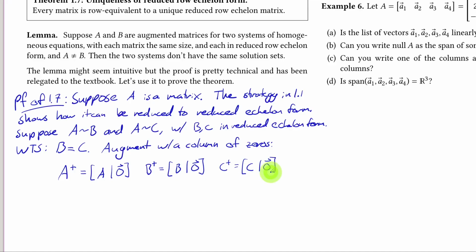Same thing with B plus and C plus. Now, these are augmented matrices for homogeneous equations, like the lemma is talking about. And they're all row equivalent to each other, because whatever row operations you did reducing A to B are not going to change the column of zeros.